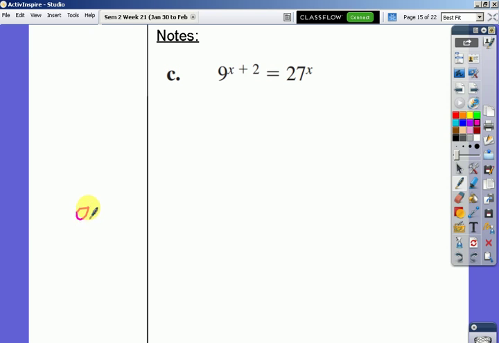Because think about it, 9 to the first is 9. 9 squared is 81. I can't express 27 as 9 to some power. So what I'm going to have to end up doing is breaking both of my bases down. So I'm going to look at 9 and make a factor tree. Well, that's 3 and 3. So really I have to express 27 in terms of base 3.